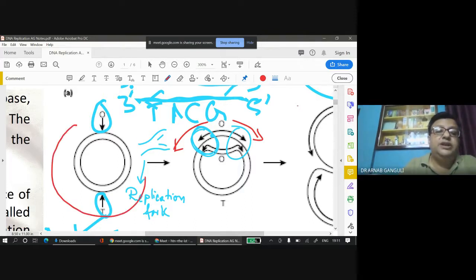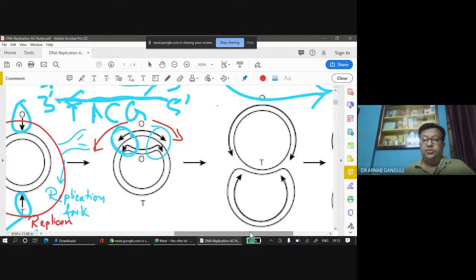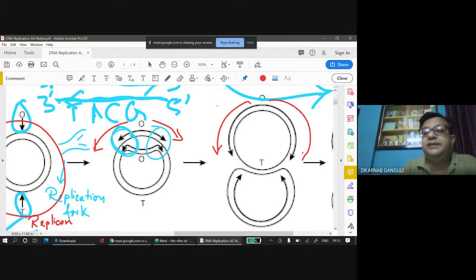This whole circular unit, this is the replicon. Now gradually as replication goes, this is the bidirectional replication taking place. And as you can see over here, in both directions, new strand is being synthesized. This is the new strand which is being synthesized.